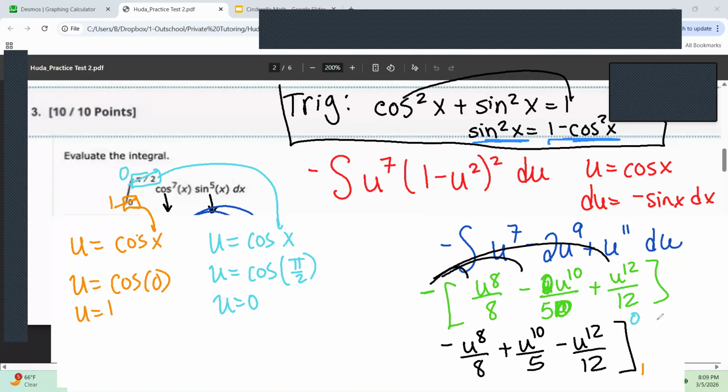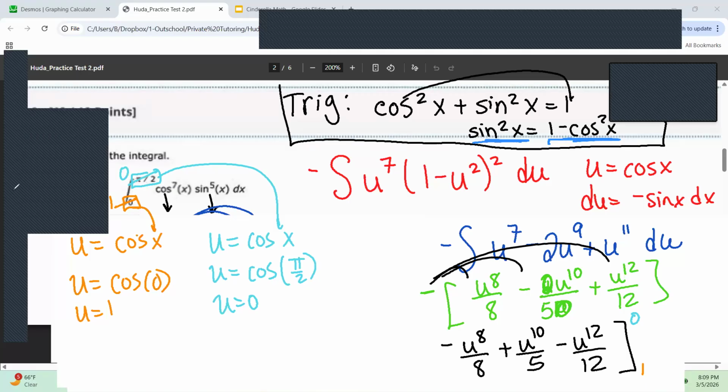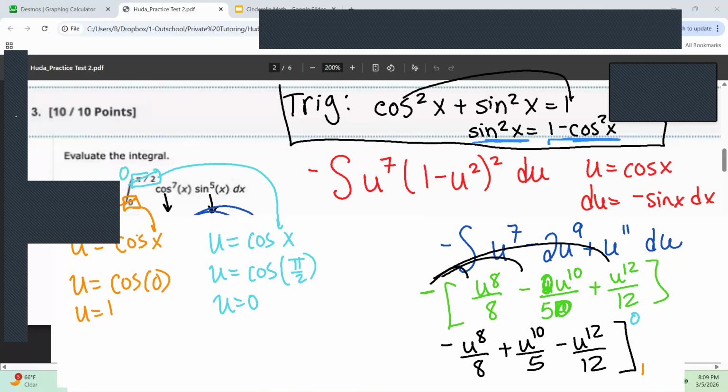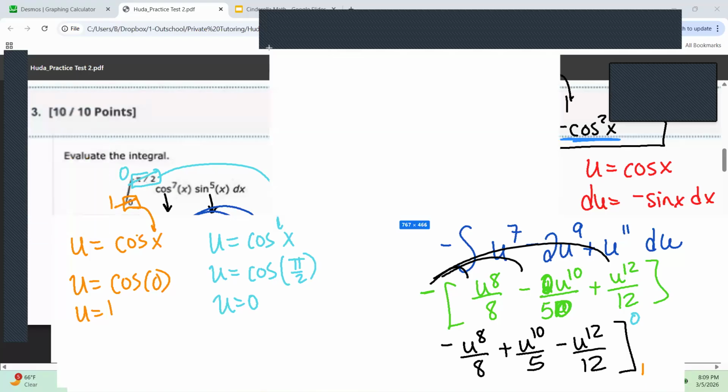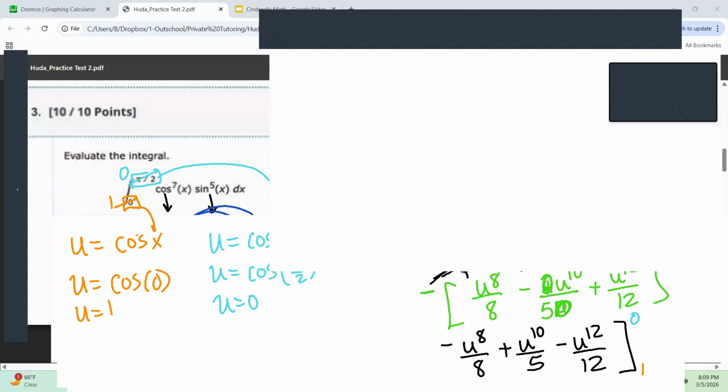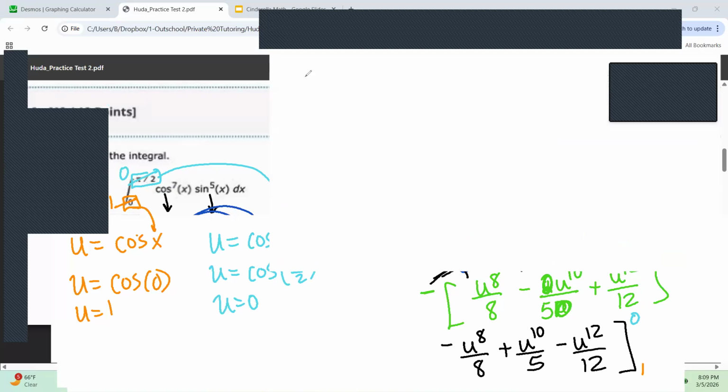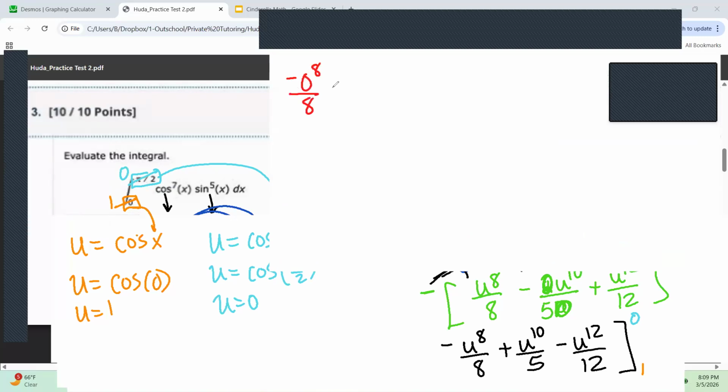Now, I know that feels weird to have the bounds. Usually it's the greater one on top. It's fine. That's just how it came out here. All right, again, I'm going to have to cover some stuff up. This is such a long problem. Okay. All right, you always start with the number on top. So let's plug in 0. That'd be negative 0 to the 8th over 8 plus, there is no negative 0, right? 0 to the 10th over 5 minus 0 to the 12th over 12.